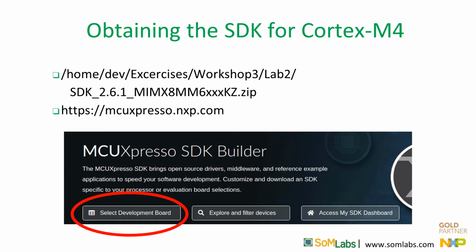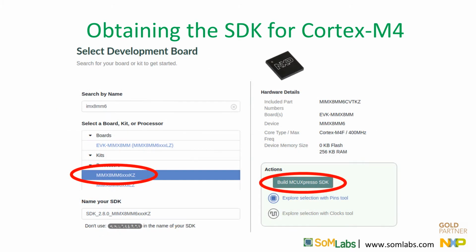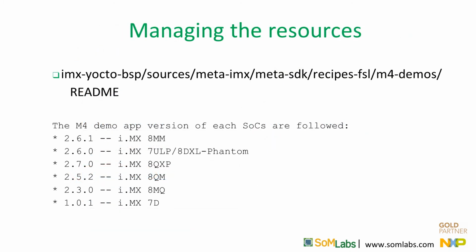Click on Select Development Board, select the processor we are interested in and click Build MCUXpresso SDK. Before we find the right package, however, we need to know which SDK version is suitable for our Yocto. We can find it by looking inside the i.MX Yocto BSP sources: meta-imx, meta-sdk, recipes-fsl, m4-demos, README file.